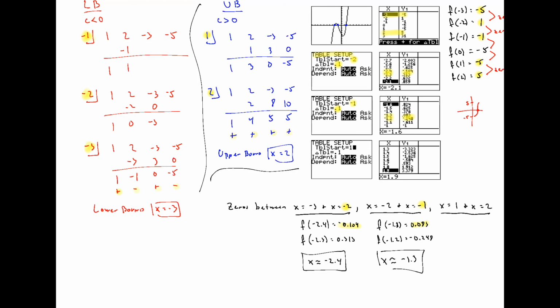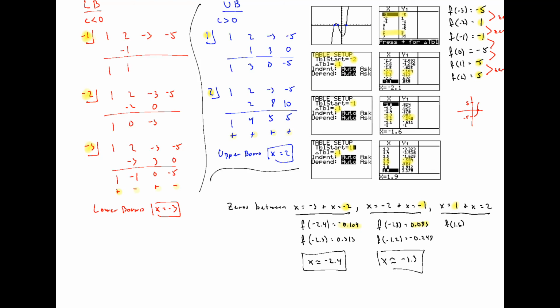And then the last one I'll show you as well. So once again, we started the table start at 1, which is this one, and the table change is still 0.1. Took a look at the table, look for the change in your y value from negative to positive, so we know what's crossing the x-axis at that point. So somewhere between 1.6 and 1.7.